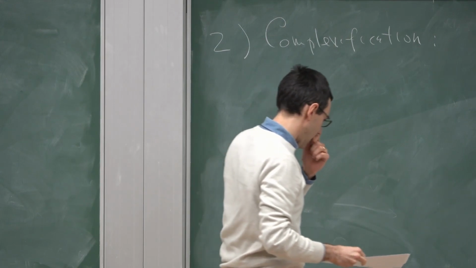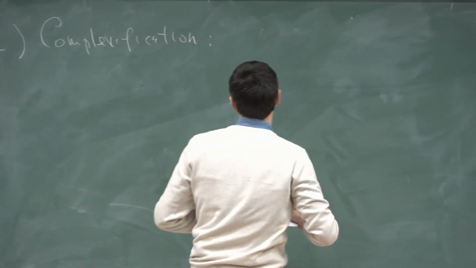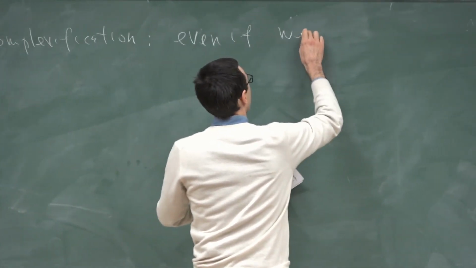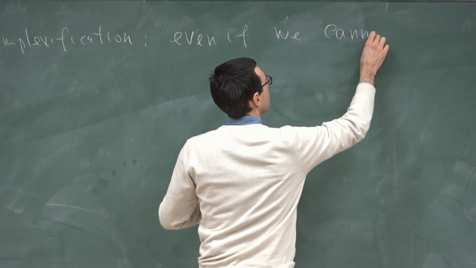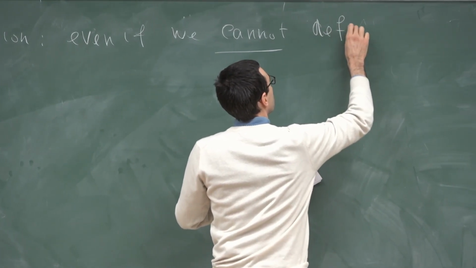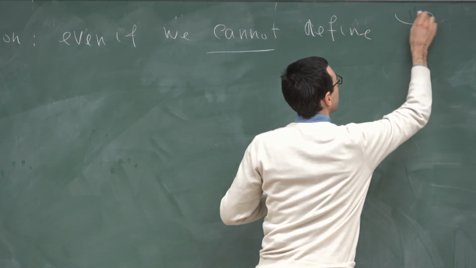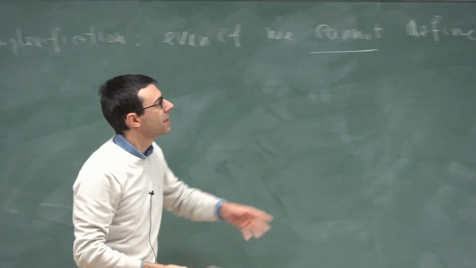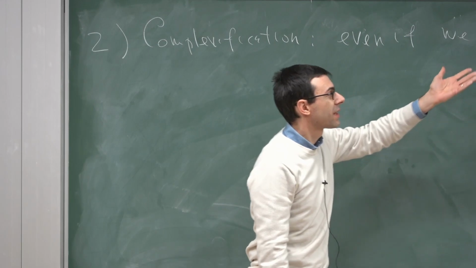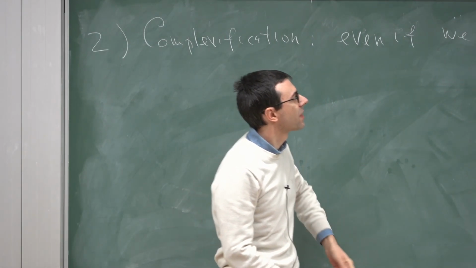So this means that even if we cannot define the complexification of this, G is a real infinite dimensional Lie group, and you might wonder, does it have a complexification?